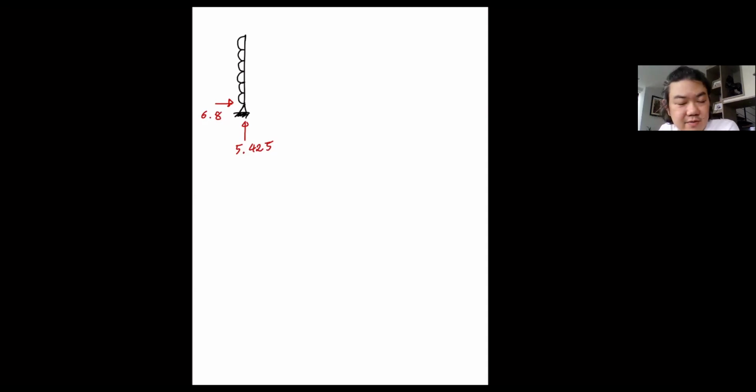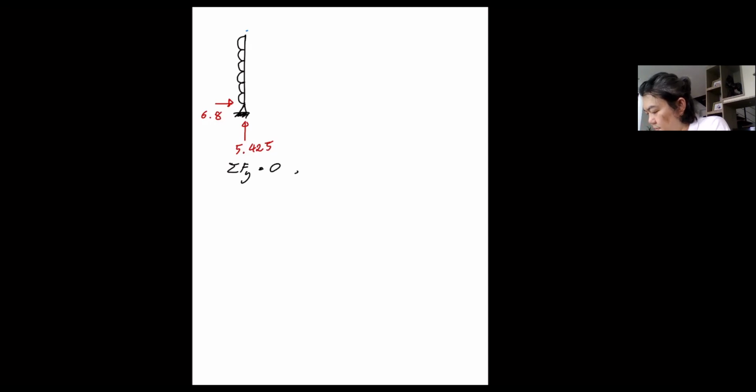We got the reactions from the first process, so it's time to find, let's say, the internal forces in this member, especially at joint B. Okay, so sigma Fy equal to 0. You can say it by inspection, or you can just say sigma Fy equal to 0.